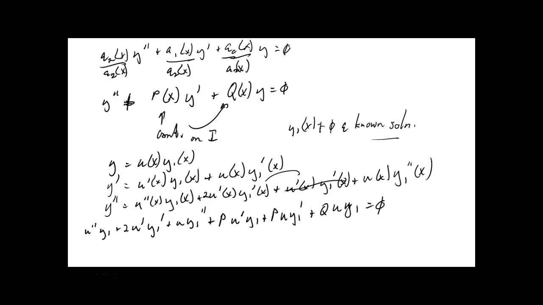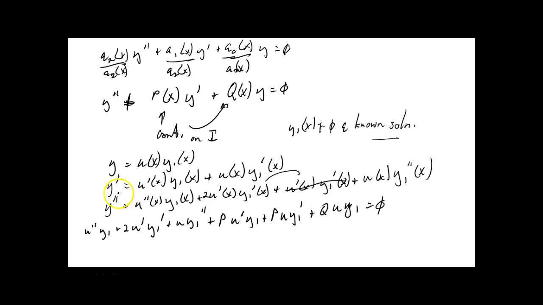Got it? Okay. Now remember, y1 is a solution. So therefore, y1 double prime plus p times y1 prime plus q times y1 is equal to 0, right? Okay. What I'm going to do is get all the terms with just a u in it and put them together.